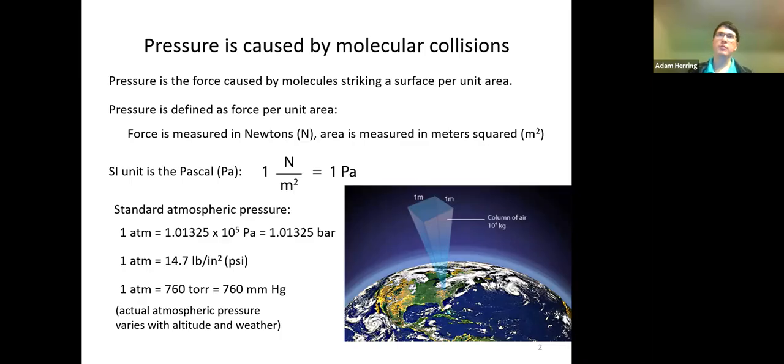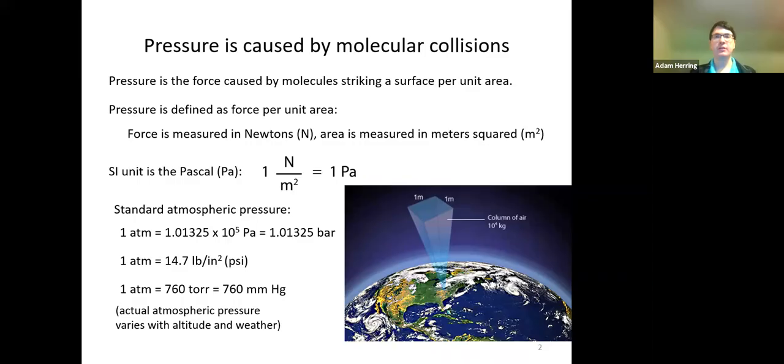So if you imagine the acceleration due to gravity on those gas particles within that column of air, that's pulling down those gas particles onto the earth and exerting a pressure on it. That pressure we call 1 atmosphere.